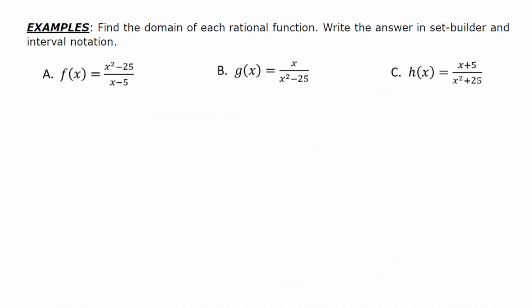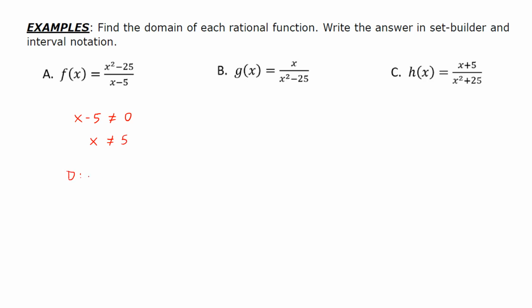In these examples, we're asked to find the domain of each rational function and write the answer in set builder and interval notation. So all of these are rational functions. The restriction is going to be the x values that would make our denominator 0. So we know x minus 5 cannot equal 0, which means x cannot equal 5.